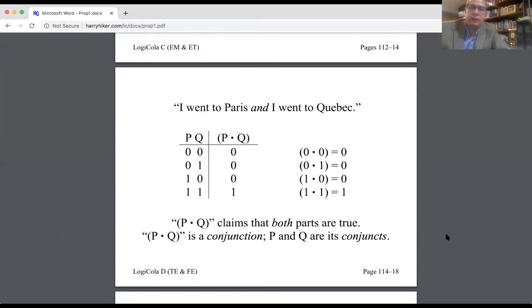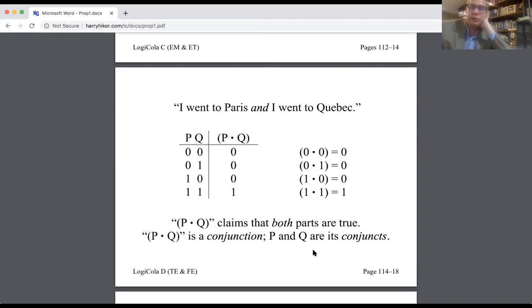And I should also explain that Gensler has adopted a convention which is not at all standard, of using a 0 to mean false and a 1 for true, rather than T and F, which is the usual convention. The reason he does that will become clear a little later. But you just have to get used to using 0 to mean false and 1 to mean true.